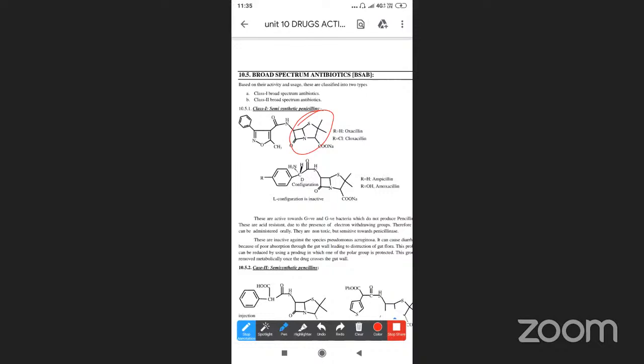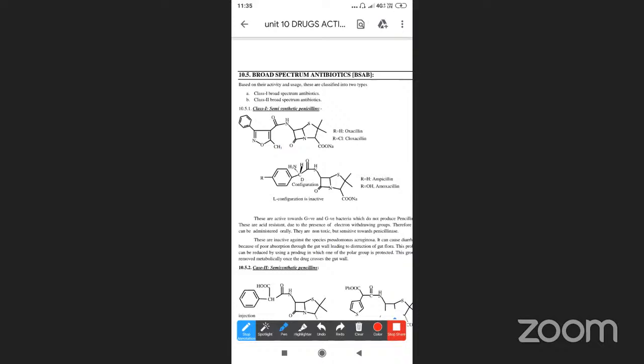We introduce these bulky groups or other groups to reduce the acid sensitivity of the penicillin here.